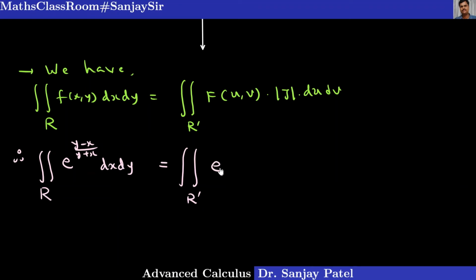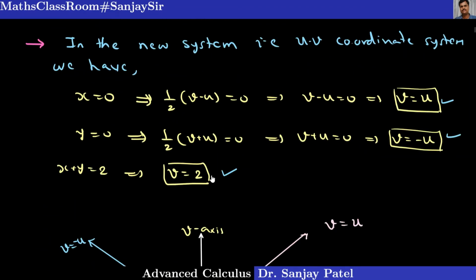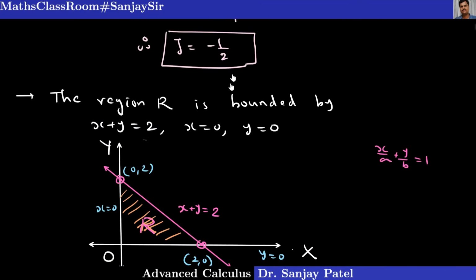So this becomes e raised to u upon v. We have taken y minus x is equal to u, so this is u and the denominator is v. And dx dy is replaced by mod of J. What was J? The value of the Jacobian.